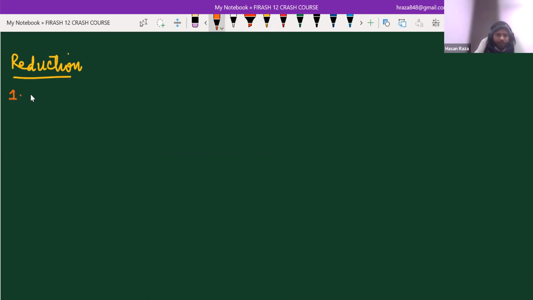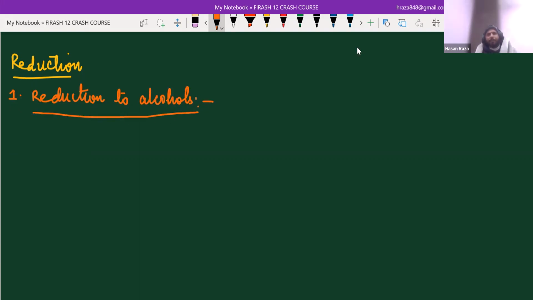And as you know, in the reduction, we are going to see the reduction to alcohols. We have already studied if you have mild reducing agent or a strong reducing agent.